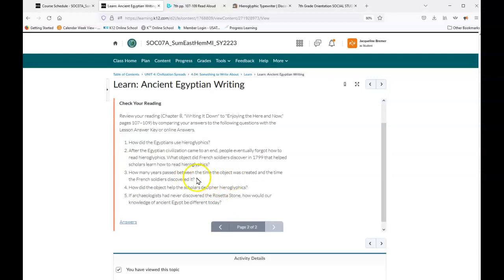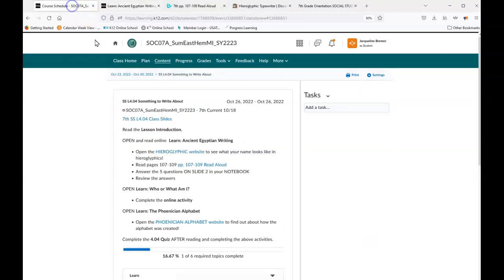And then how many years passed between when the object was created and when they found it? How did it help them decipher the hieroglyphics? And if archaeologists had never discovered the Rosetta Stone, how would our knowledge of ancient Egypt be different today? So if we couldn't read hieroglyphics, how would that be different?